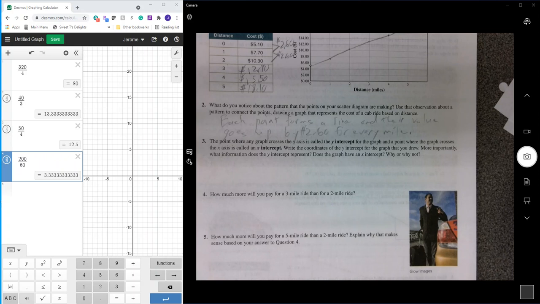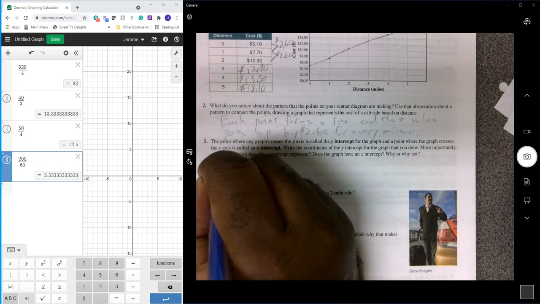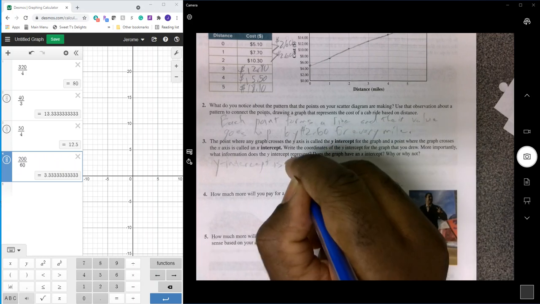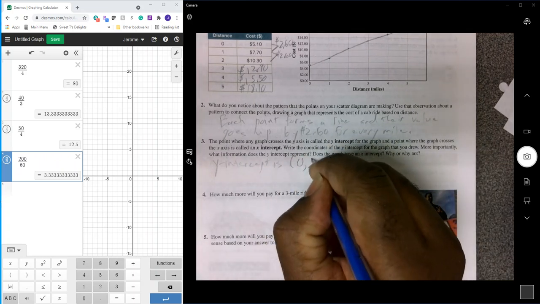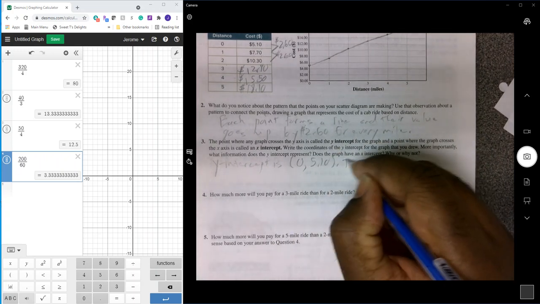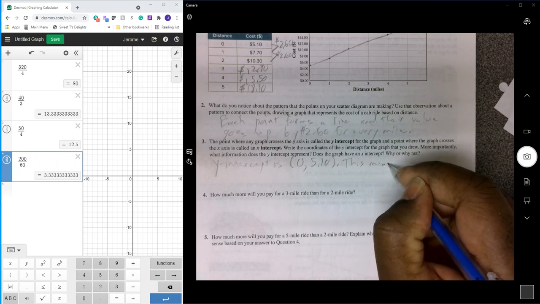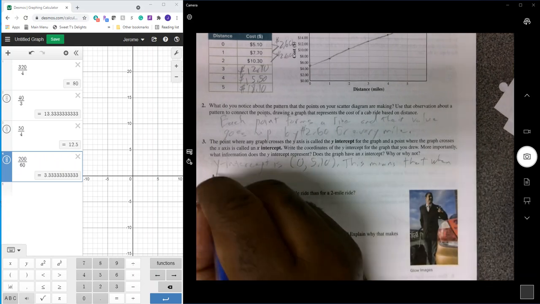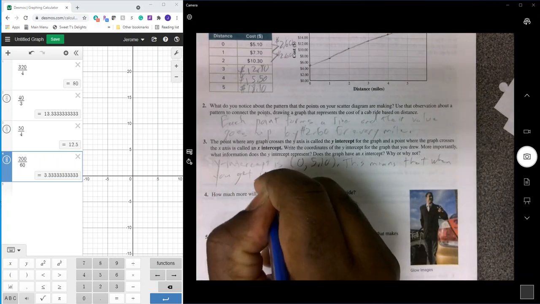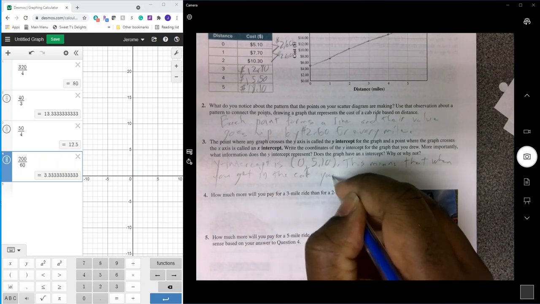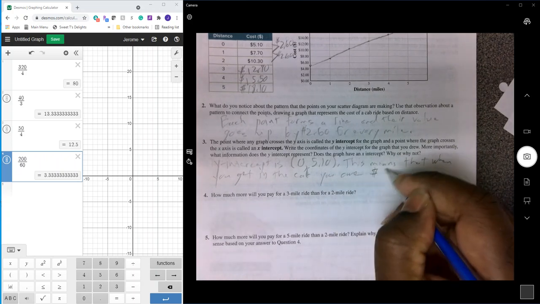Okay, first of all, the y-intercept is (0, $5.10). And this means that when you get in the cab, you owe $5.10.